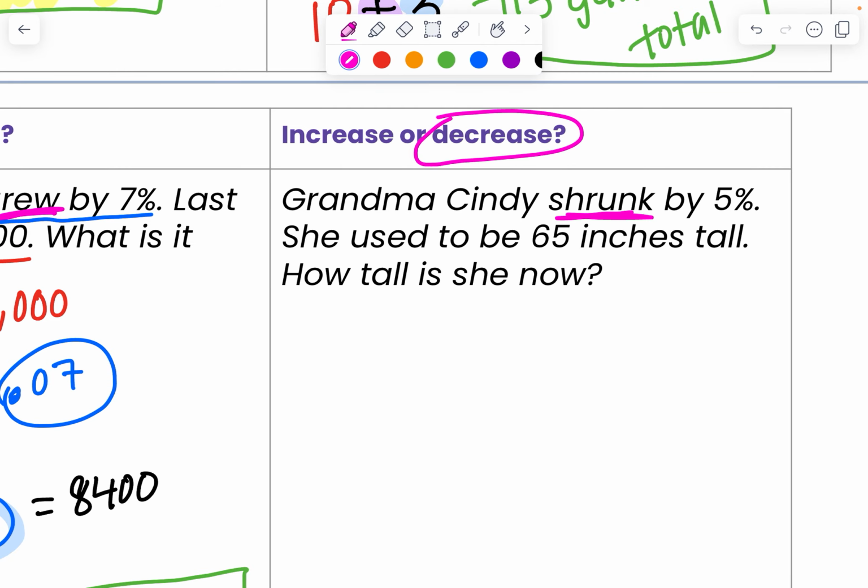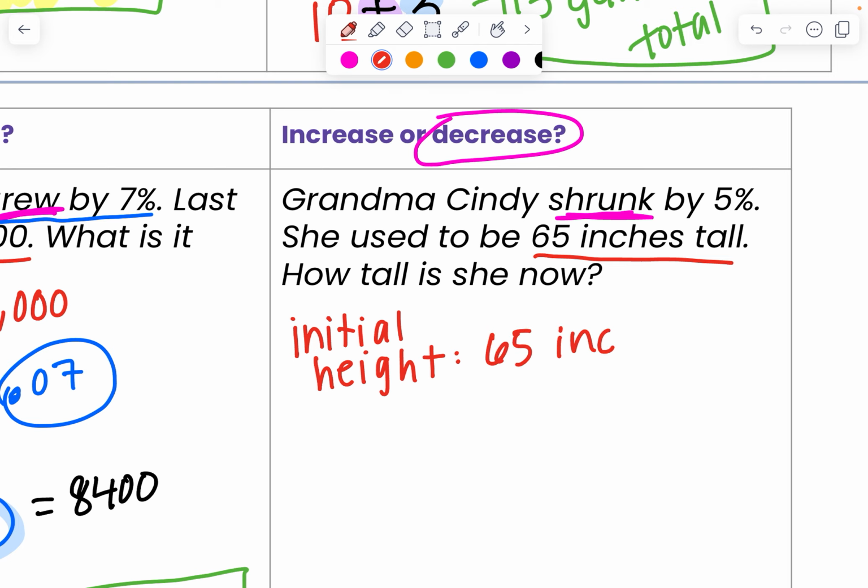So let's start off with what we know. How tall was Grandma initially? Well, it says she was 65 inches tall. So 65 inches. All right.